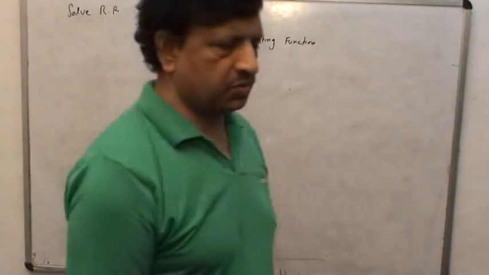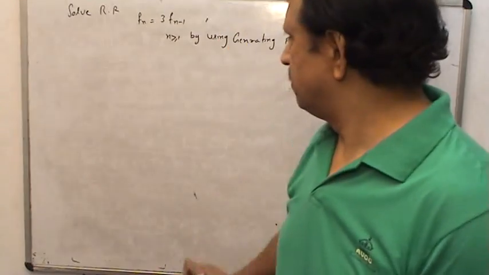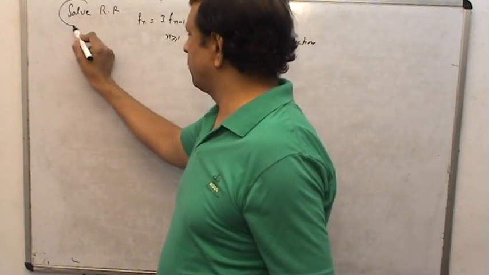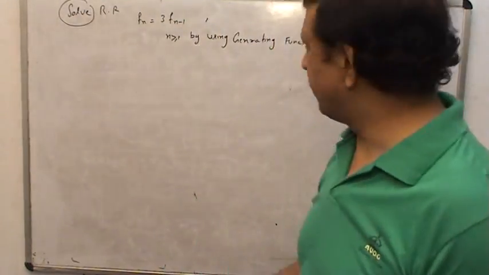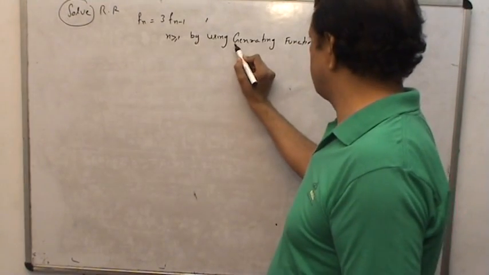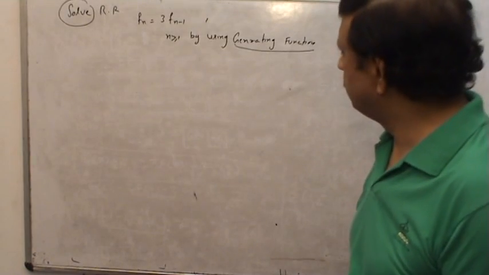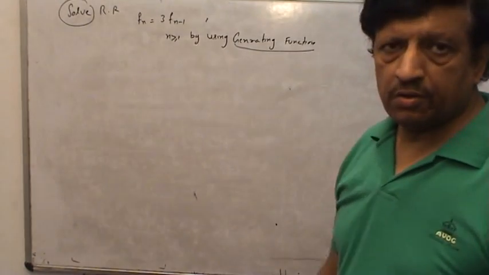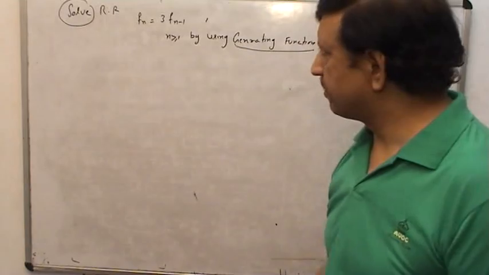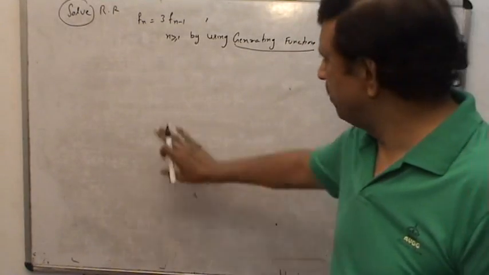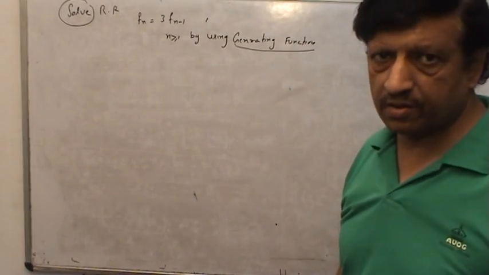Now we have changed the statement. We want to solve the recurrence relation, and the condition is by using generating function. First step, we will have to find the generating function for this given recurrence relation.